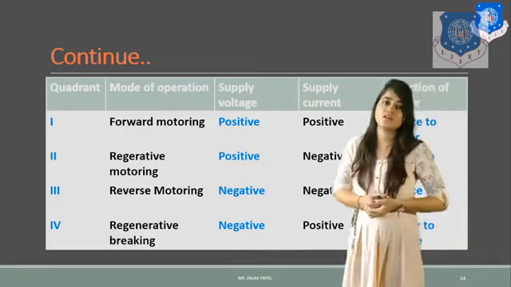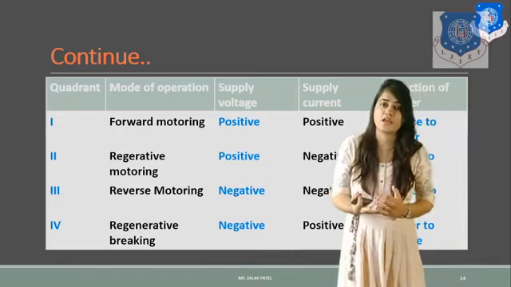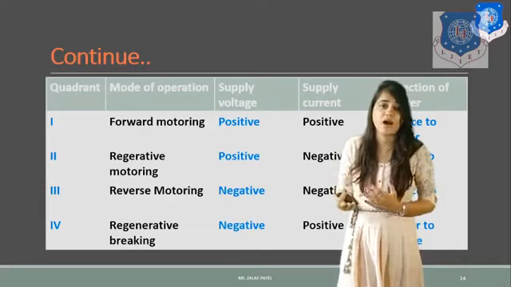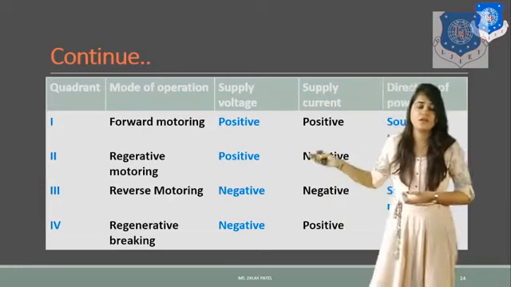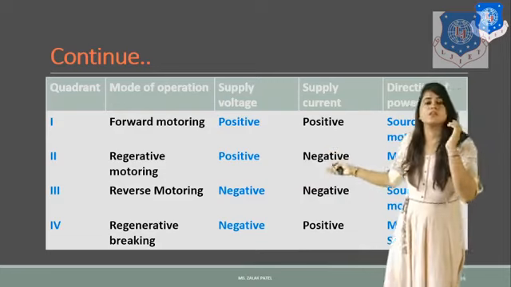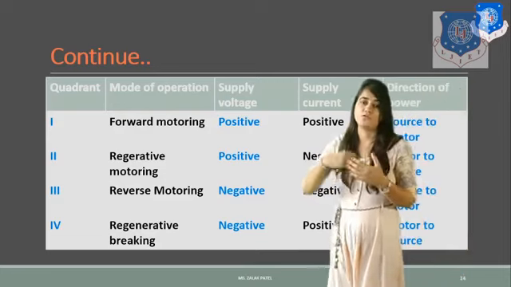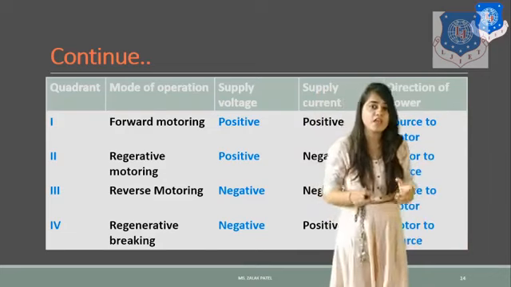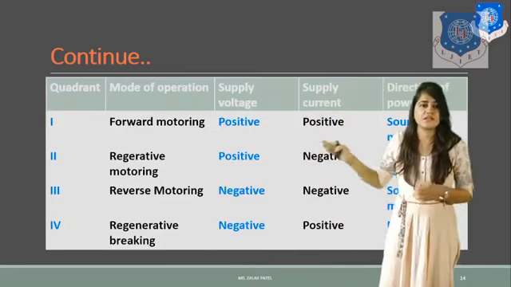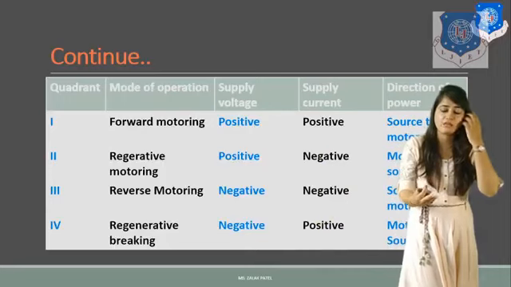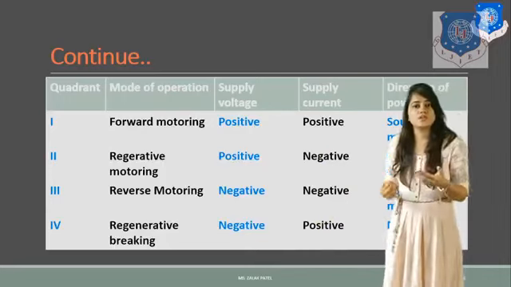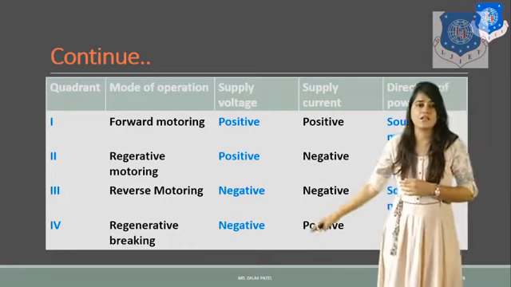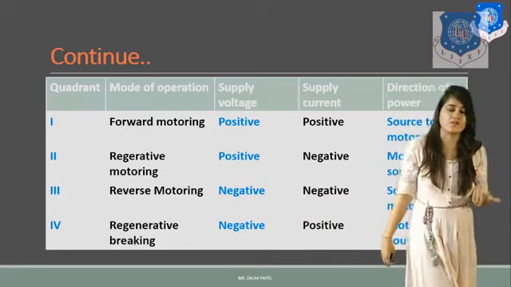Now in case of regenerative motoring and regenerative braking, what are the directions of the supply voltage or the power? So here in case of reverse motoring, the polarity is the same, it's positive on the upper side and negative on the lower side, and that's why the supply voltage is positive. In case of regenerative braking, it is positive on the lower side and negative on the upper side, that's why supply voltage is negative.